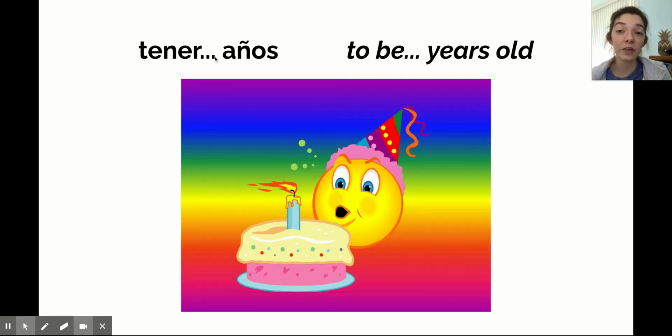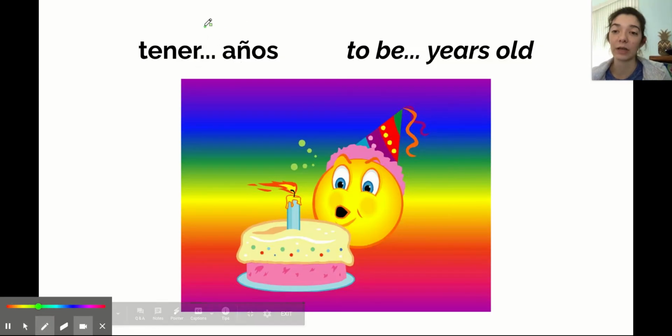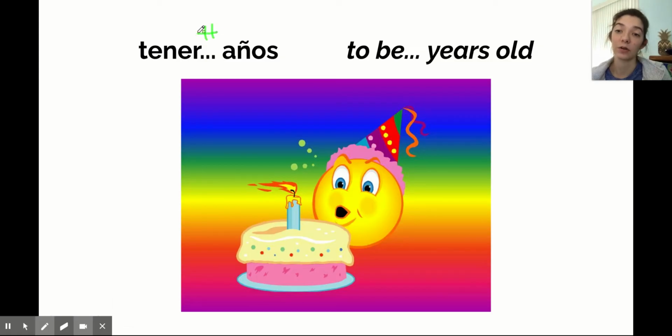Tener something años, chicos. To be blank years old, okay? Literally, we are saying to have number of years, okay? So right here where there's a blank, you're gonna put the number, the number of your age or somebody's age.